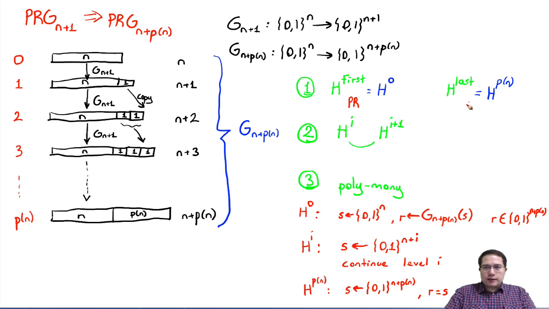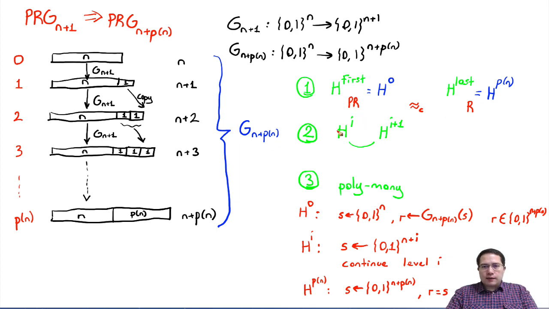So this is my random experiment. Remember, the pseudo-random generator security definition says this experiment needs to be computationally indistinguishable from this experiment. So if I manage to prove this H0 is indistinguishable from this H Pn, then I am done. That's the proof I am trying to eventually form.